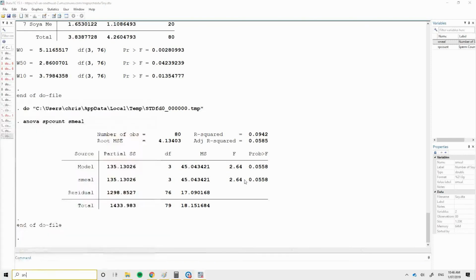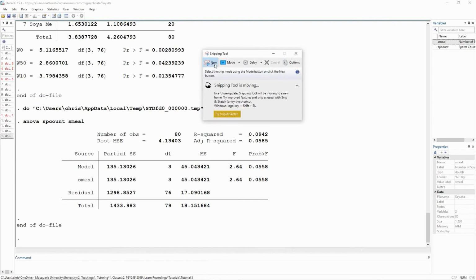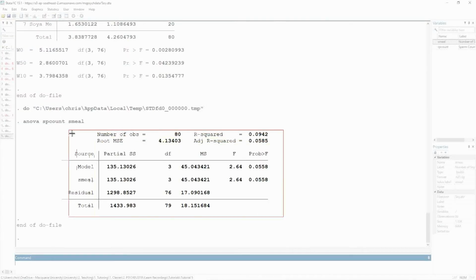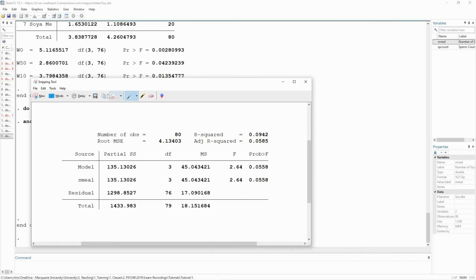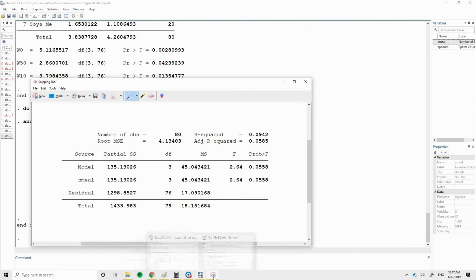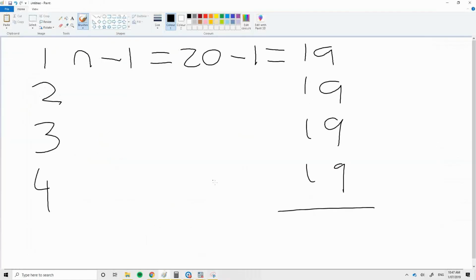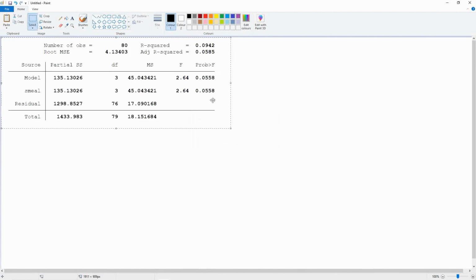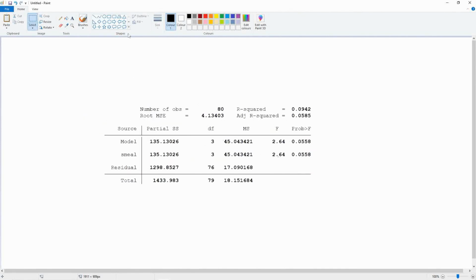So if I take a moment, I'm just going to very quickly copy this and put it into Paint. What I want to show you is all those formulas I was talking about.